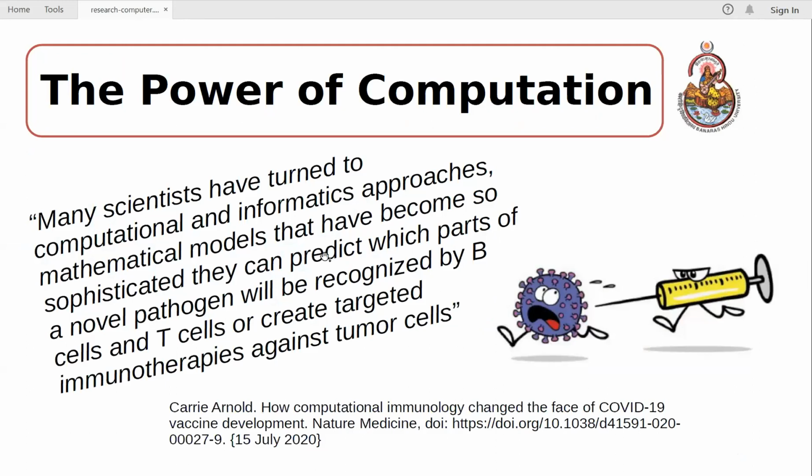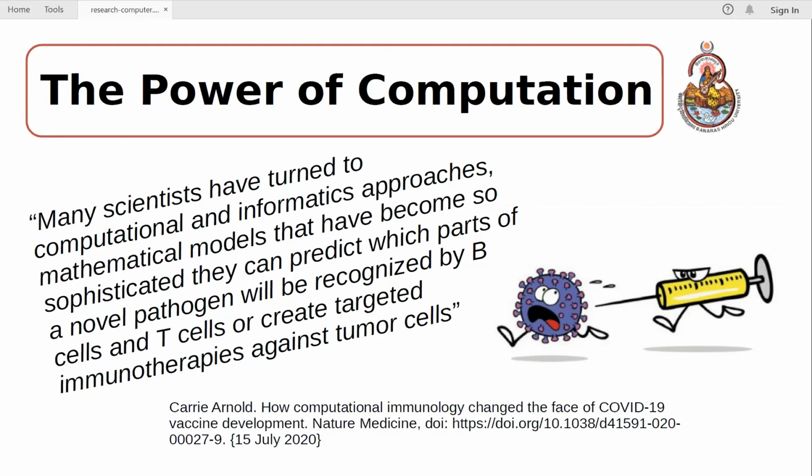One good example is that we could get the COVID vaccine within a year because of the excellent computation capacity we have in the machine. These viruses and cells have a very large genetic sequence, and this sequencing is now stored within the computer.